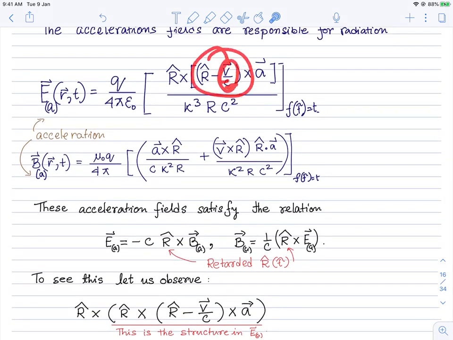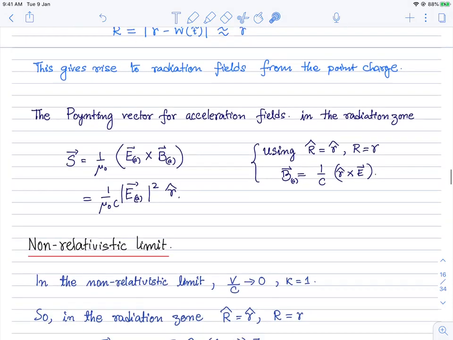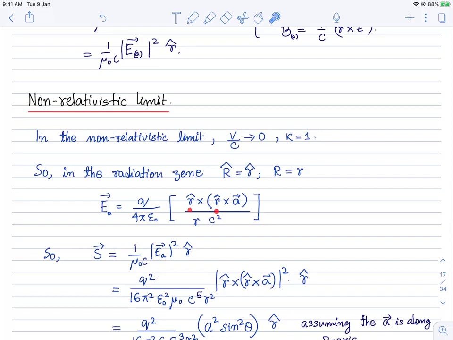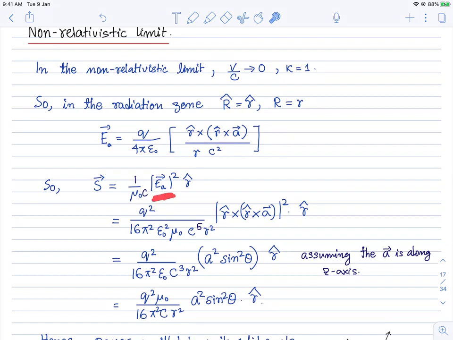If v by c is small, we can ignore this factor. Then this is r hat cross a divided by r times c squared, and if we take the magnitude squared of this whole vector, we get r squared in the denominator, as happened for electromagnetic radiation.